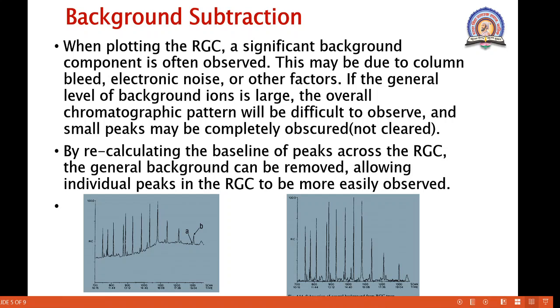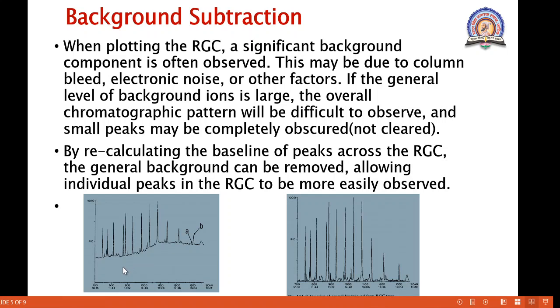Here in the first figure, the reconstructed gas chromatogram trace of a GCMS analysis is shown. The abundances are normalized to the largest as 100%. A large background component is present in this plot.